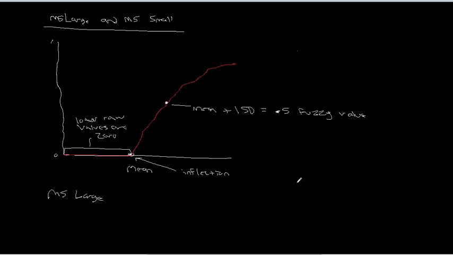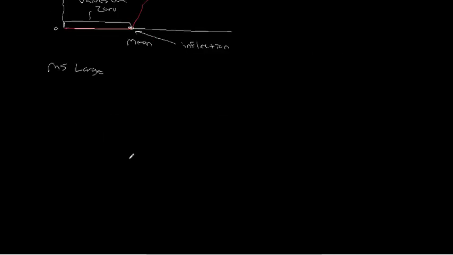So the key difference here between MsLarge and MsSmall is that whichever one you're looking at, you're going to have an inflection point where whatever is on the left-hand side, in the case of MsLarge, is going to be 0. And in the case of MsSmall, right, keep the same mean, keep the same inflection.